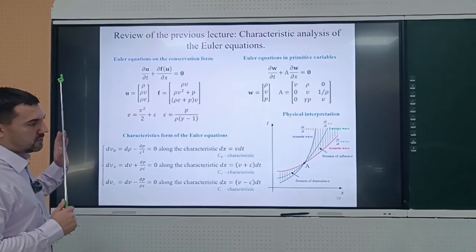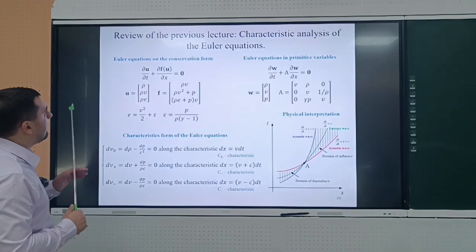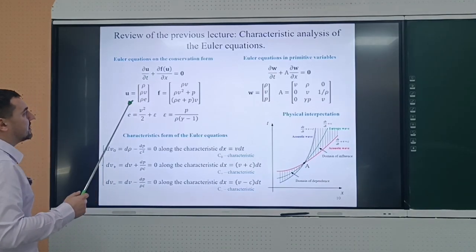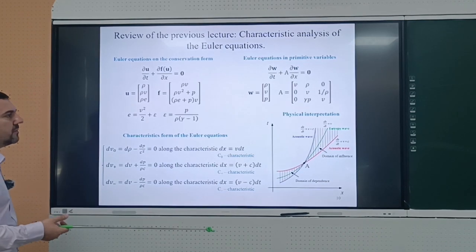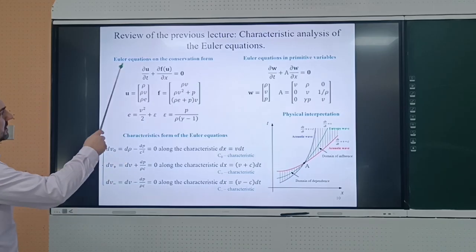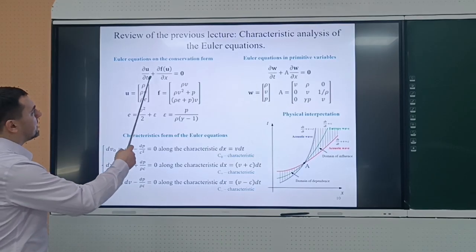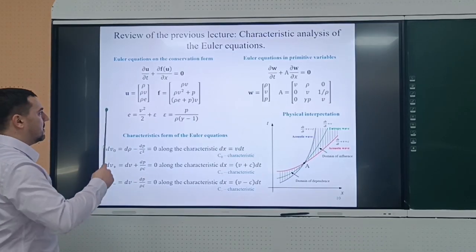Now we should get the same expressions for rarefaction waves. The previous lecture was about characteristic analysis of the Euler equations, so now we know a lot of different forms for Euler equations. The most physically relevant and suitable for numerical implementation for finite volume methods is the conservation form of the Euler equations, because it's written in the form of conservation laws.